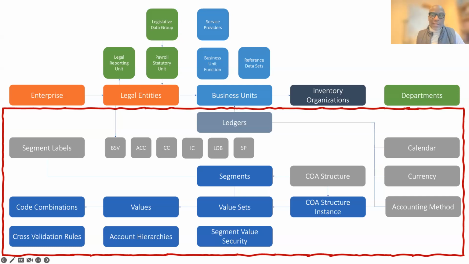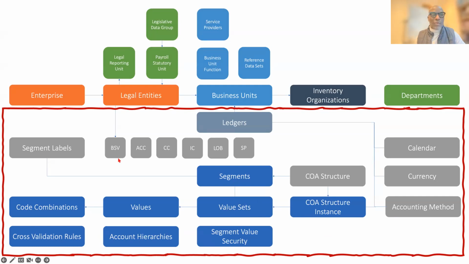So in planning the segments, you would normally look out for certain attributes within your accounting structure. We'll go through some of those today, and also look at what needs to happen within your ledger for you to build what is called your ledger structure. So we're going to be looking at some of this.